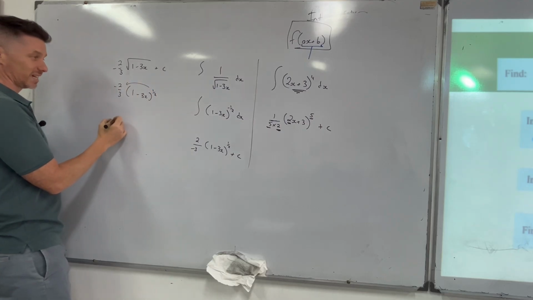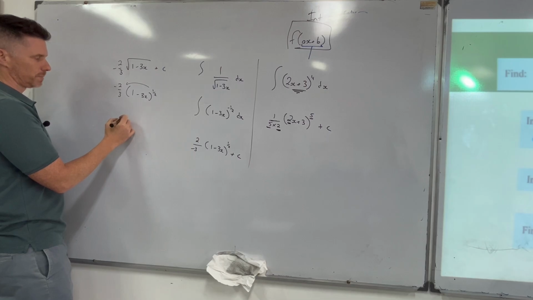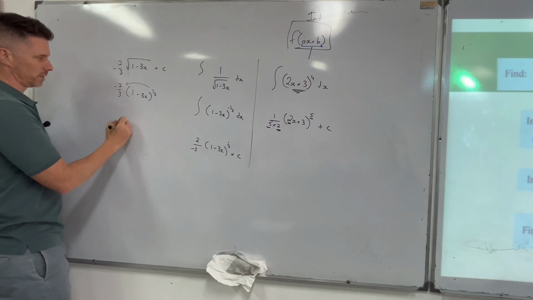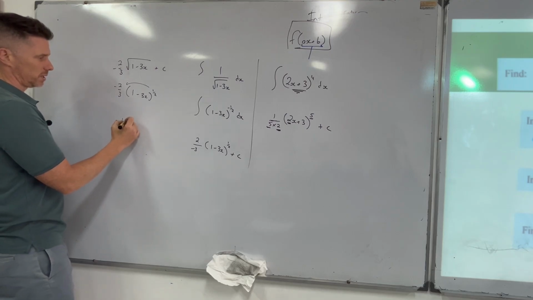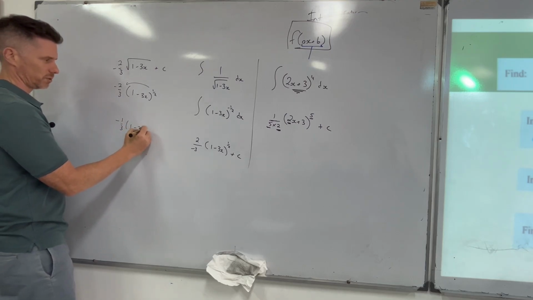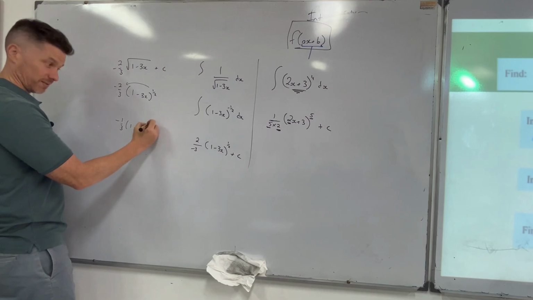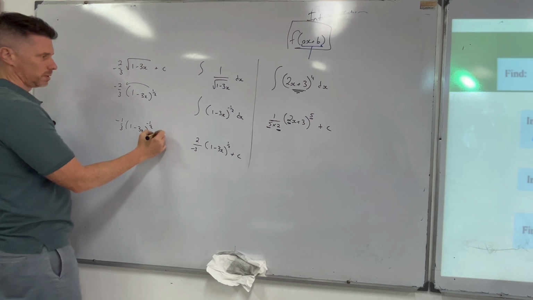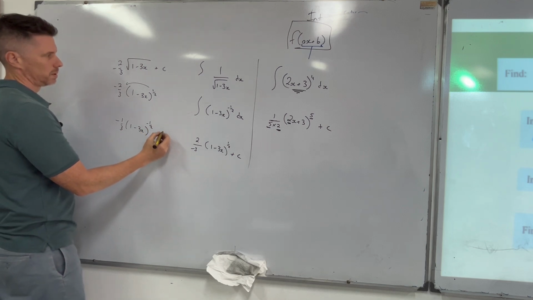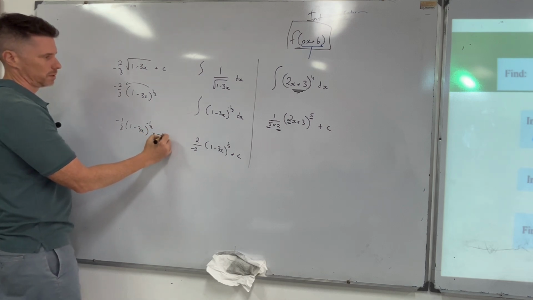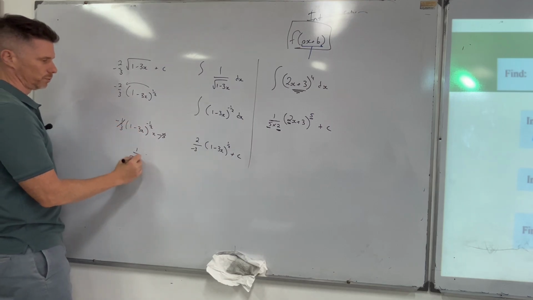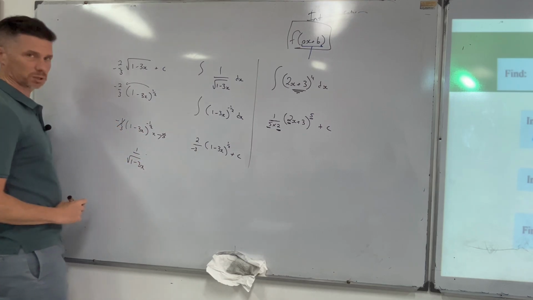Multiply down by half, I get negative 1/3, 1 minus 3x to the negative a half, subtract 1, and then multiplied by the derivative of the inside, negative 3, and I get 1 over root 1 minus 3x. Yes, it does work.